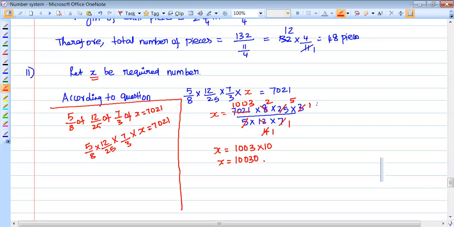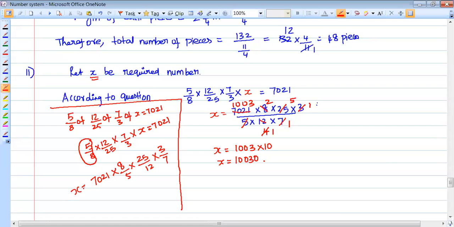Now, dear boy, try to understand. If a fraction is multiplying on the left hand side, when you take it to the right hand side it comes in the form of division. Division is nothing but reciprocal. Then 7021, 5 by 8 becomes 8 by 5, 12 by 25 becomes 25 by 12, and 7 by 3 becomes 3 by 7.